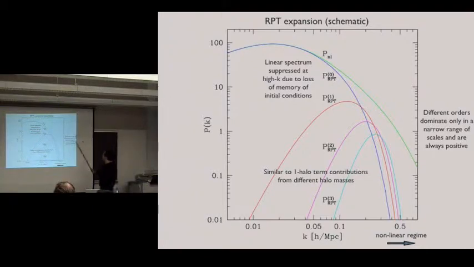Yes. So this is an example. I'm skipping some things here. Yeah, it's a schematic. Schematic means that instead of doing it in the exact dynamics, I'm doing it in the Zeldovich approximation, where it's much easier to calculate all these things.